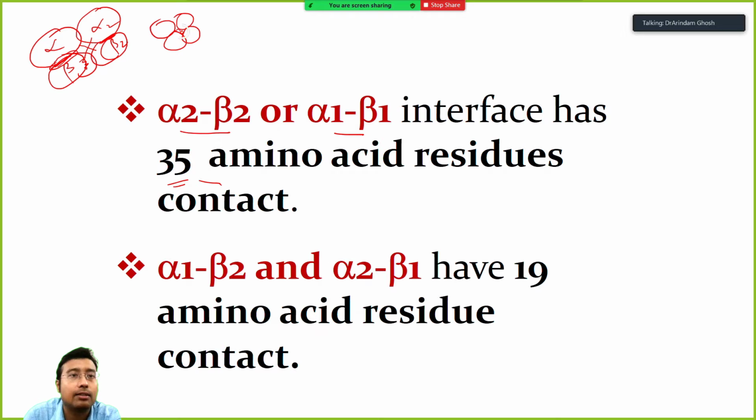So if we are considering alpha 1 beta 2 and alpha 2 beta 1, they have 19 amino acid residues in contact. So this contact is much weaker than the other contact, the crisscross contact. Okay, MCQ, MCQ, MCQ.